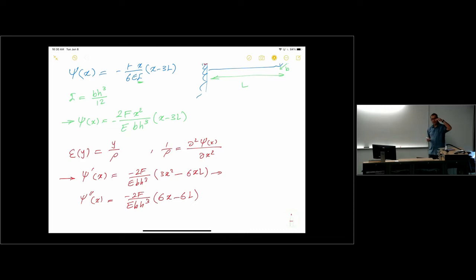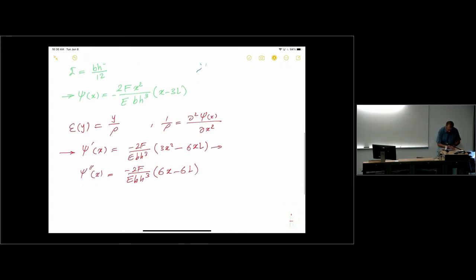And I want epsilon at the top of the beam. So y in that equation is going to be h over 2. Because this is a beam of a rectangular cross-section, the neutral axis will lie in the middle of the beam. So y is the distance from the neutral axis. At the surface, it's going to be h over 2.